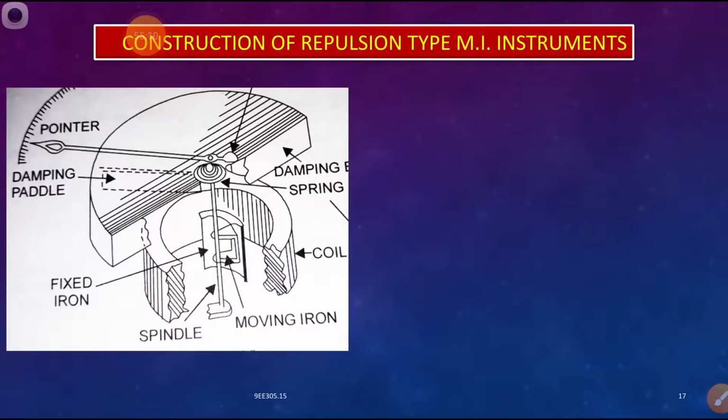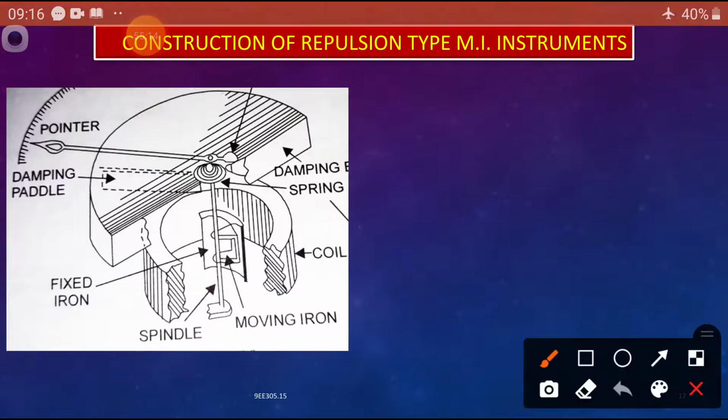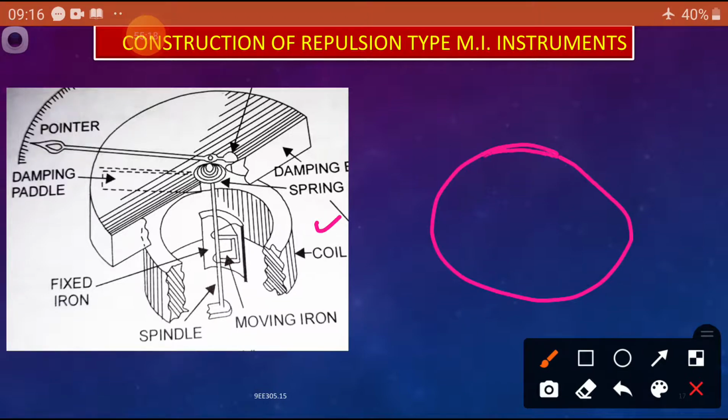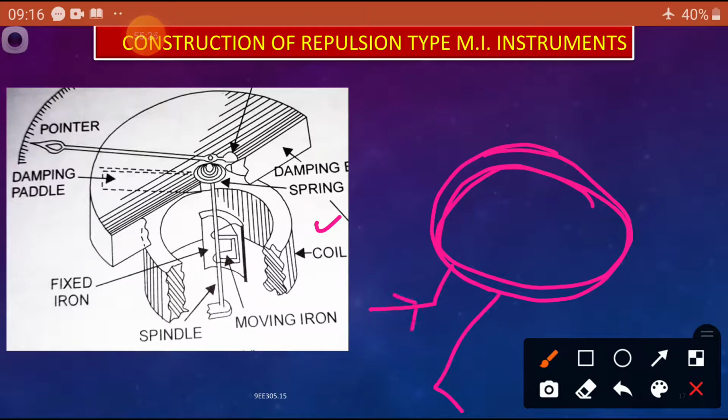Now, the construction of repulsion type MI instruments. Here you can see this is an electromagnetic coil, on which a winding is wound, with the power entering and leaving.